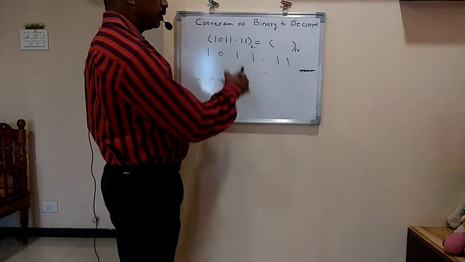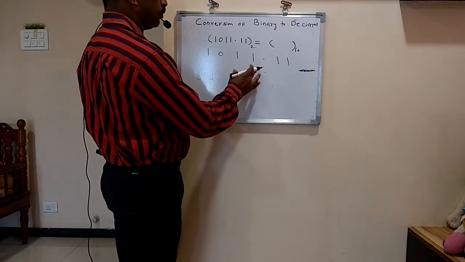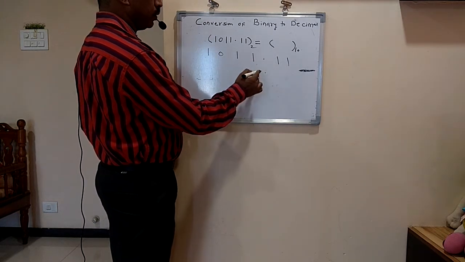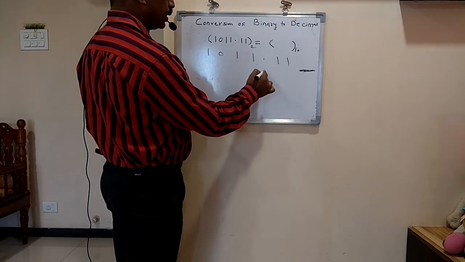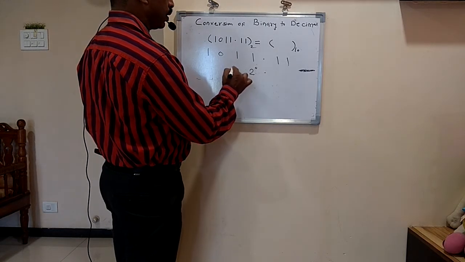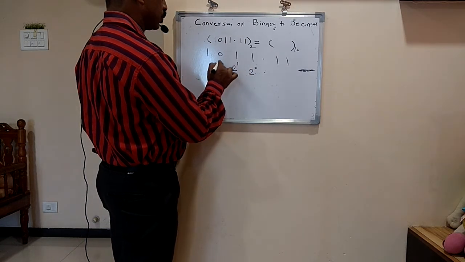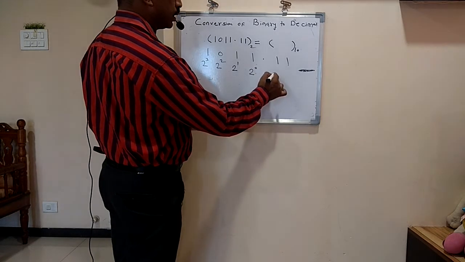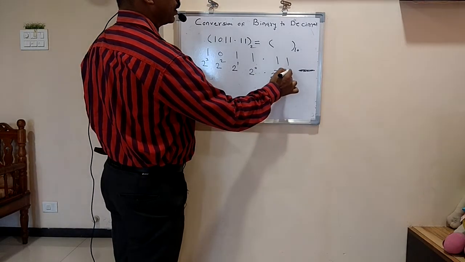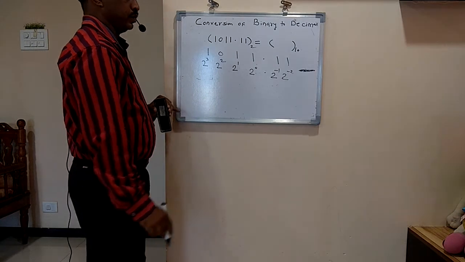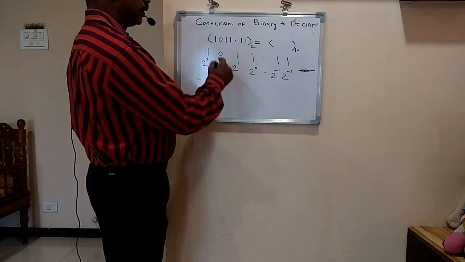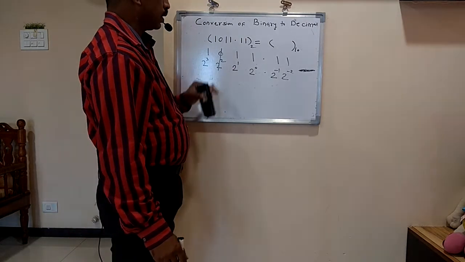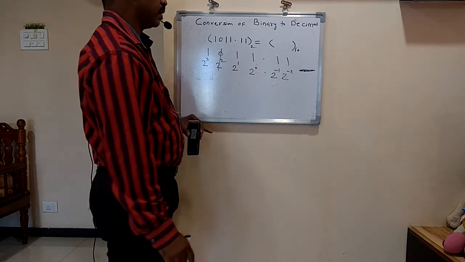Write down the binary weight for each number. For whole number, write from left side of the binary point: 2 raised to power 0, 2 raised to power 1, 2 raised to power 2, 2 raised to power 3. For fractional number, write 2 raised to power minus 1, 2 raised to power minus 2. Next, if any 0 is there, discard it and its corresponding binary weight.